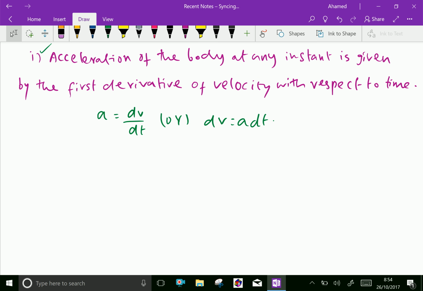Now the velocity changes from u to v, meaning initial to final velocity.